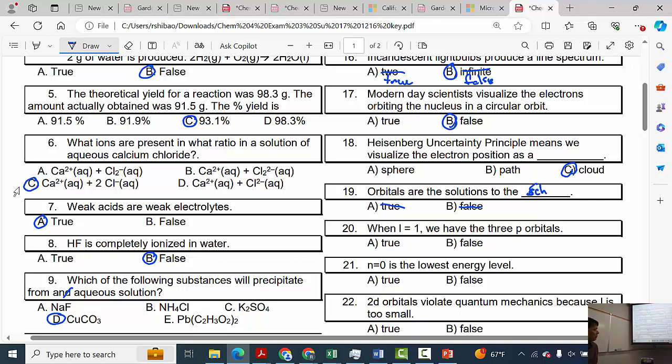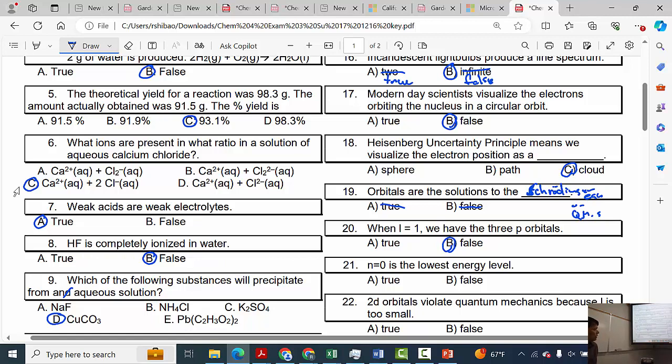Orbits are the solutions to the Bohr model. Orbitals are the solutions to the Schrödinger equation, or quantum mechanics. There's supposed to be a list of answers here: Bohr, and then Schrödinger. Schrödinger would be it.